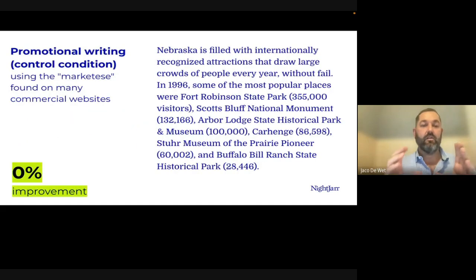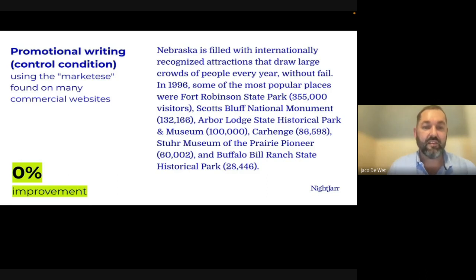So they have this control copy of promotional information, written in marketese talk. It's very marketing, brochure-like content. I'm going to just read this one, and the rest I'm not going to read, but you can see it in your own time. Nebraska is filled with internationally recognized attractions that drew large crowds of people every year without fail.